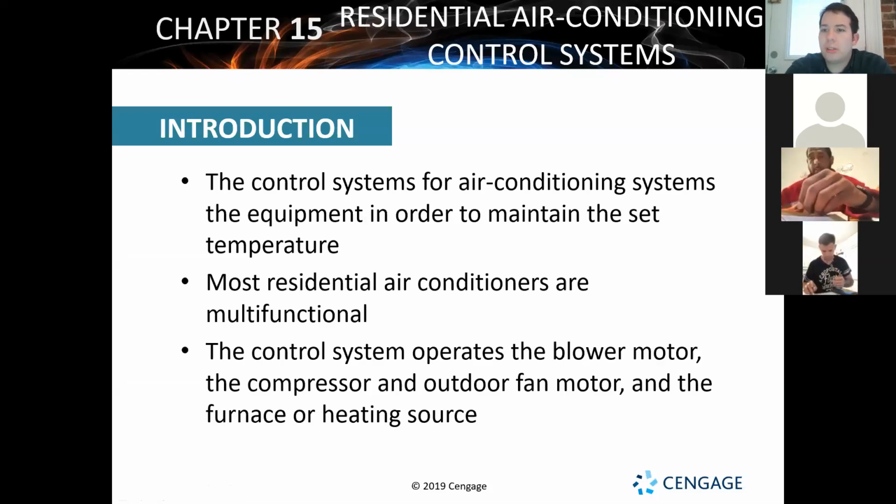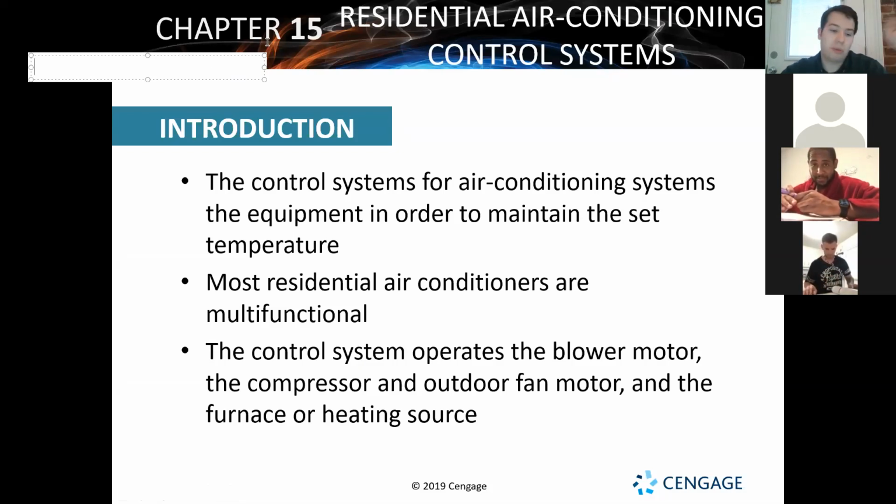Residential air conditioning systems, as far as controls are concerned, 24 volts is going to be pretty much standard across the board. Out of your 24 volt controls, you will always have the following thermostat connections. This is just standard.